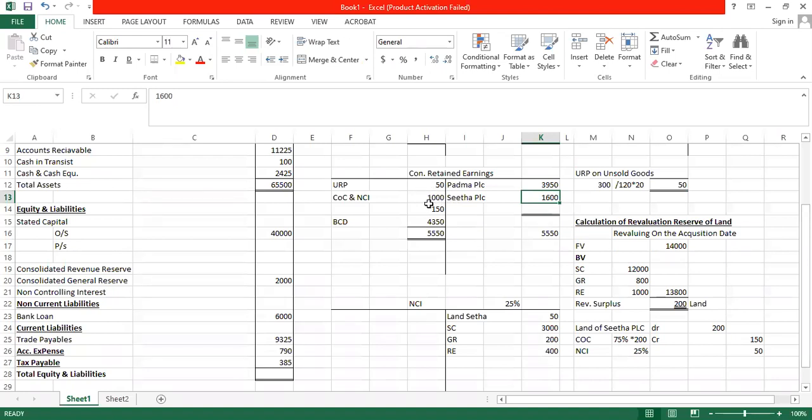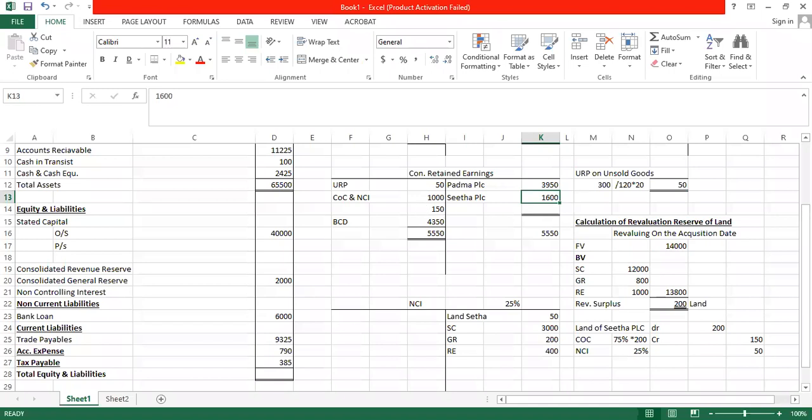So we can't take this 1,000 into our consolidated retained earnings if it is pre-acquired, because it was acquired before the acquisition, it's just owned by Sita PLC. But we paid our investment figure, the 15,500, in order to acquire this 1,000. From that, only 75% we own.